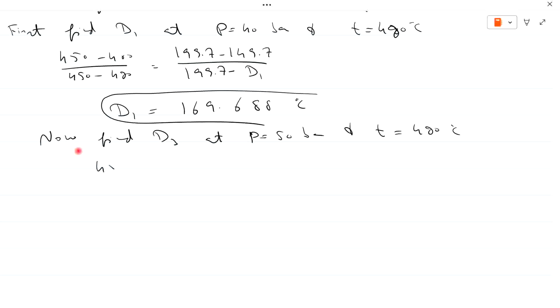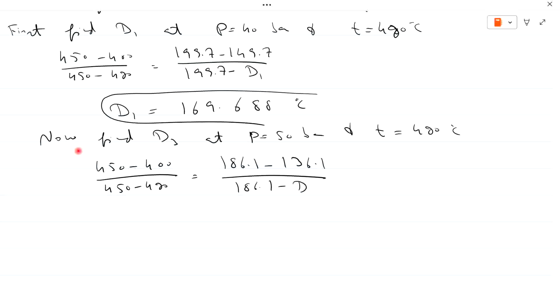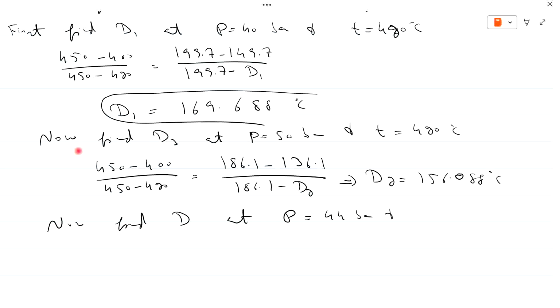So third minus first, (450 minus 400) divided by (450 minus 420) is equal to (186.1 minus 136.1) divided by third minus second, D2. So D2 is equal to 156.088.